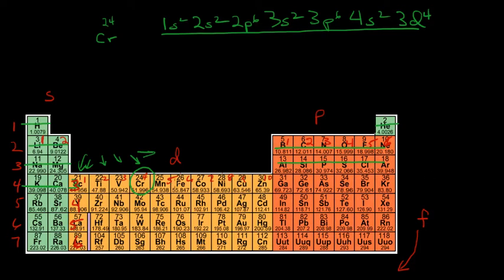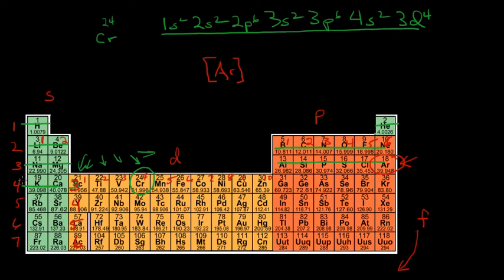It's going to be argon right here, because that is the closest one to chromium that has fewer electrons. So it's going to be argon in brackets. Okay, so we're here at argon right now with our configuration in the red color.